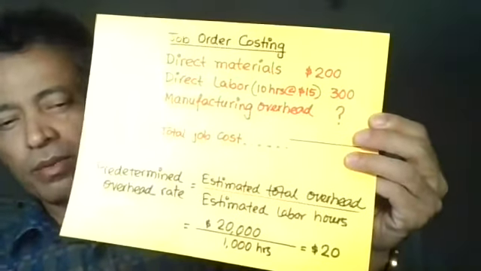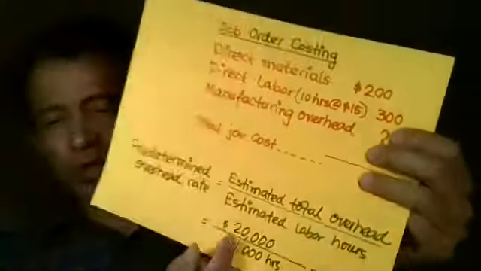So that gives us $50 an hour. So sorry, $20,000 by 1,000. So that gives us $20 an hour. So at $20 an hour, if we pay them for 10 hours, it would be another 200.